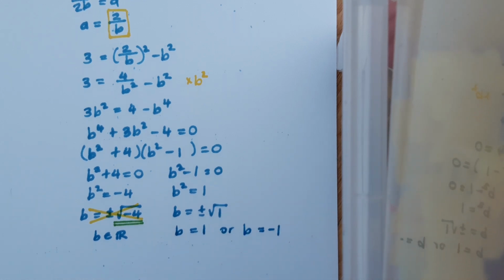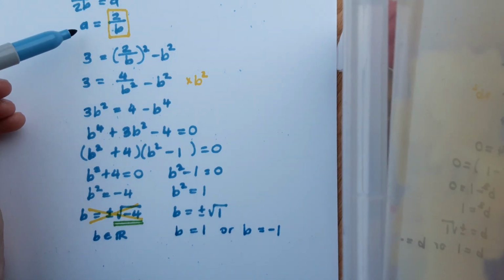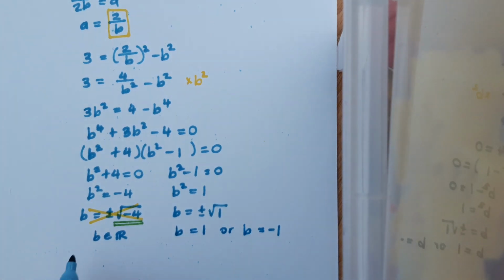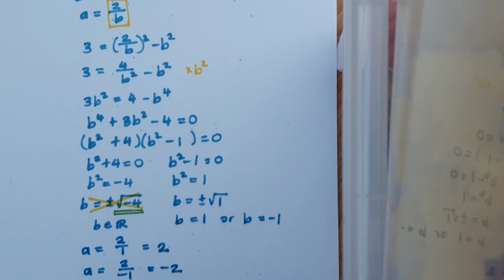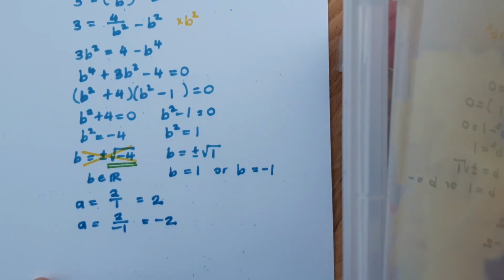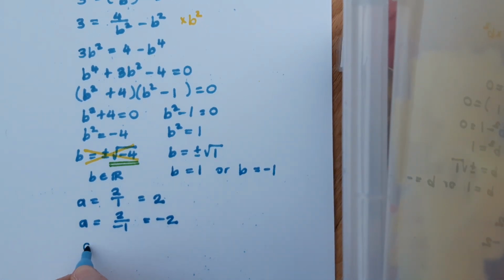Now that I have two solutions for b, I can pop them back into a equals 2 over b and evaluate a. So a is going to be equal to 2 over 1, where I get 2, or a is going to be equal to 2 over minus 1, and so I could get minus 2. Don't forget, they asked me in the original question to write my answer as a plus bi.